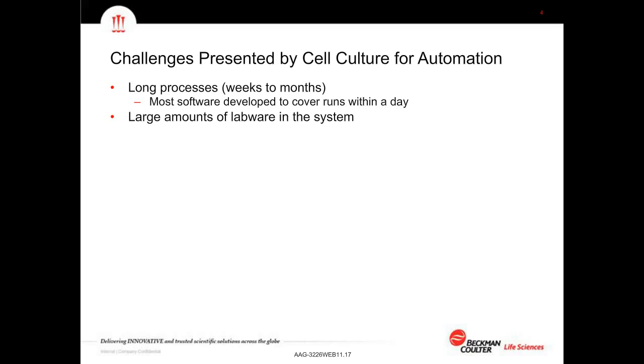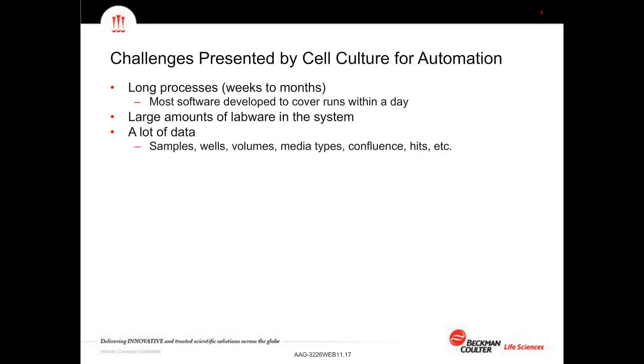There's typically a large amount of labware in the system, obviously not at the very low end. This is specific to the medium or higher throughput systems, where it doesn't take a lot of rocket science to calculate that if you go from some cultures in a 96 well plate and you want to expand every well up through 24 and 6 well plates and finally into a 1 well plate or a flask, that you're having an ever-increasing amount of labware in the system over time.